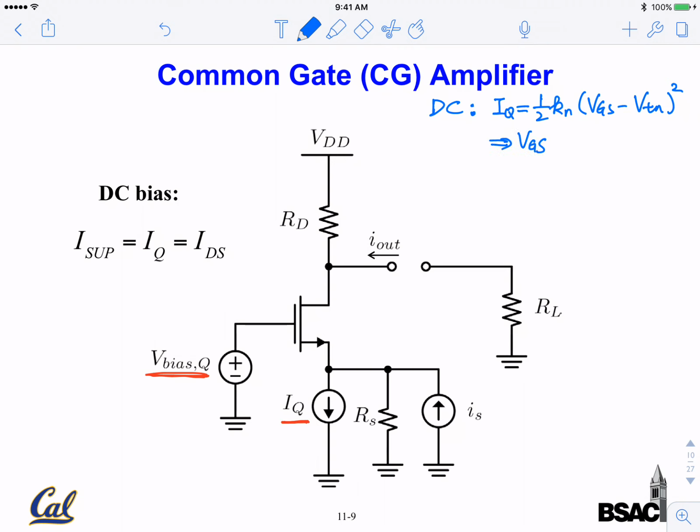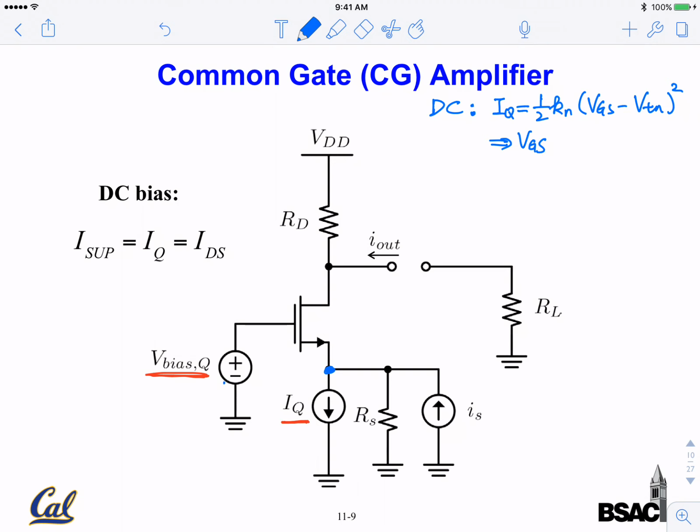So setting the current is as good as setting the voltage source. Can you apply both? Well, you can, because the voltage connected to the drain here is floating. So you can set both. You can connect an independent voltage source here, and you can connect an independent current source here.